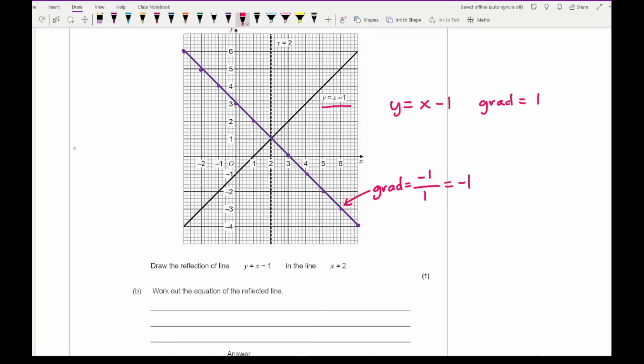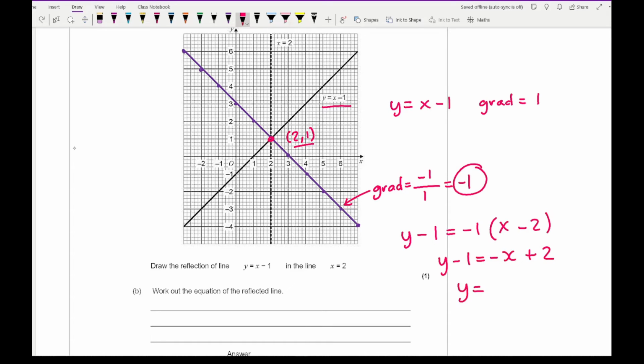I then pick a coordinate that it passes through, which is 2, 1. So using that coordinate and this gradient, I'm going to go for y minus 1 equals minus 1 times x minus 2. So y minus 1 equals minus x plus 2. So y equals minus x plus 3.